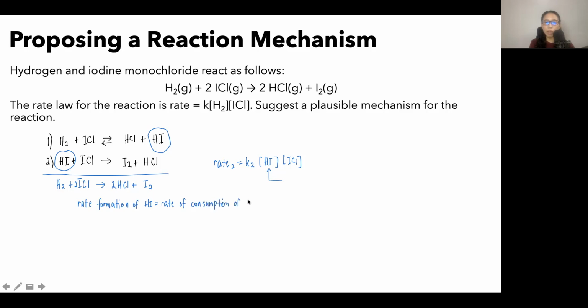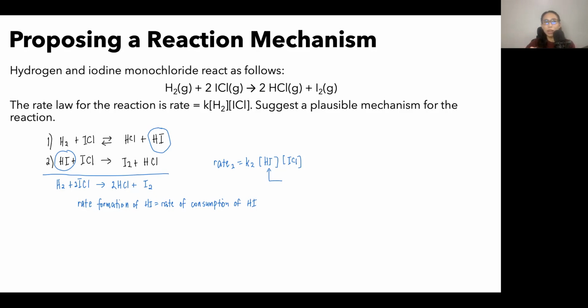It is called steady state because after several seconds when your reaction starts, the concentration of your intermediate remains constant. That's the steady state. There comes a point in time when however much intermediate is formed, the same amount is used.